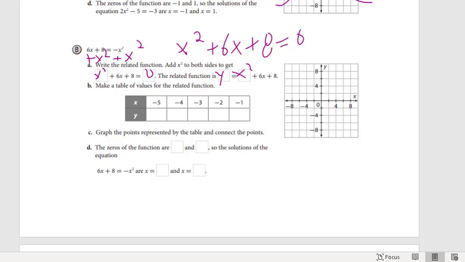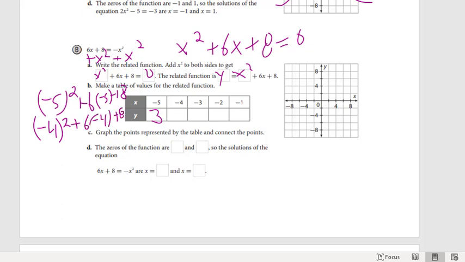All right, we make our table. We're going to then fill in our points. So negative 5 squared plus 6 times negative 5 plus 8. So 25 minus 30 plus 8 is 3. Do the same thing for negative 4. Negative 4 squared plus 6 times negative 4 plus 8.